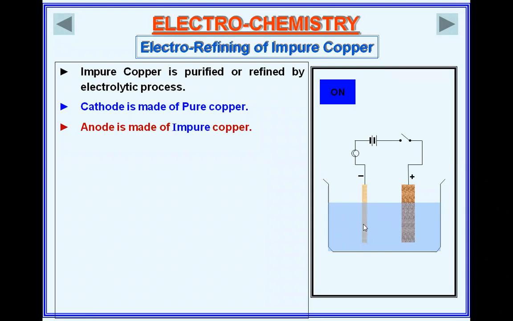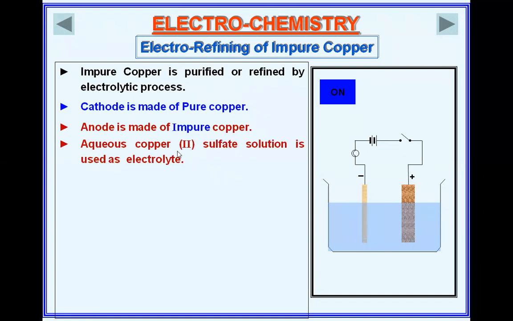That is why the size of the cathode increases with time, while the mass and size of the anode decrease, because the metal rod dissolves in the solution when it is connected to the external circuit with the positive plate, like the anode.